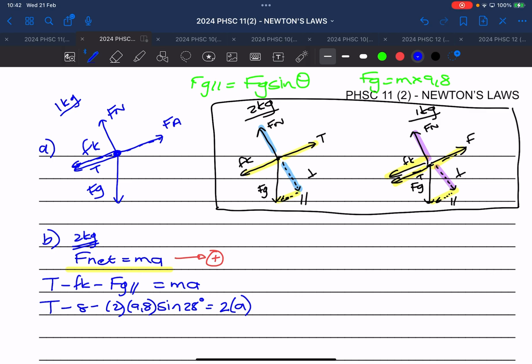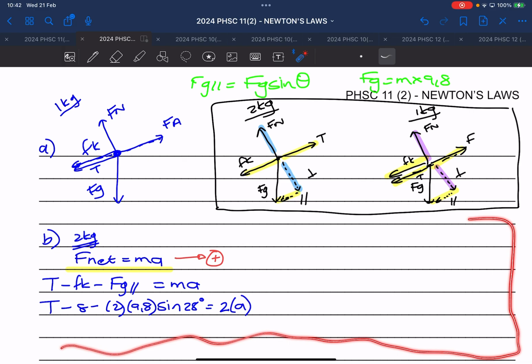I have 2 unknowns, A and T. What am I going to calculate? I think this will be the 3rd or 4th time that we do the same pattern.